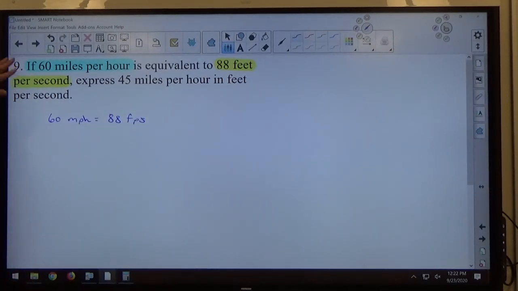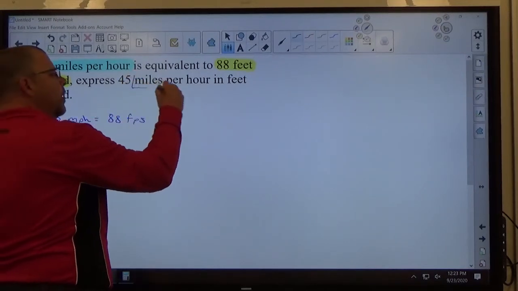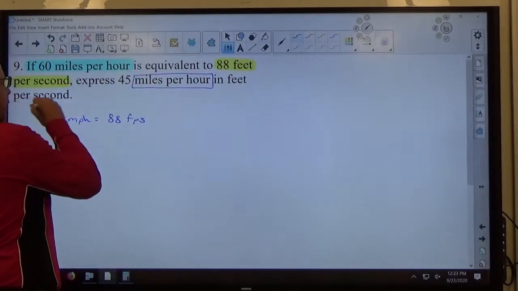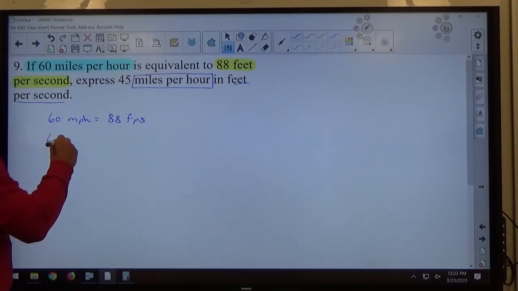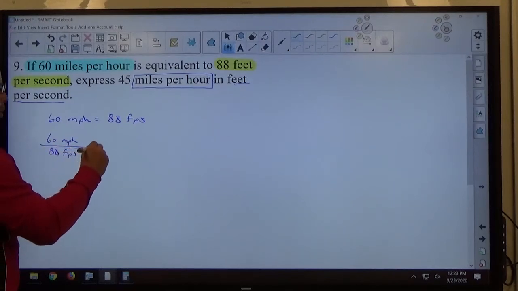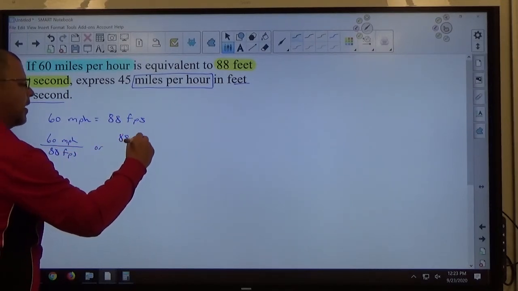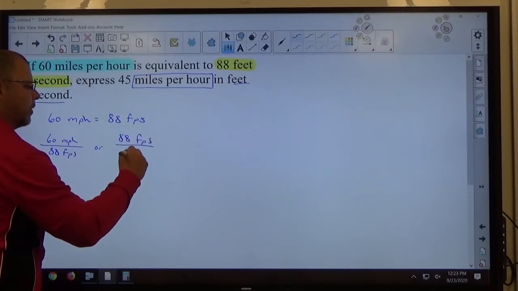All right. So I want to express 45 miles per hour in feet per second. So I'm changing from one of those things, miles per hour, to the other thing, feet per second. And again, the way unit conversion works is if something equals something, we can make a fraction. I can just say 60 miles per hour over 88 feet per second, or 88 feet per second over 60 miles per hour.